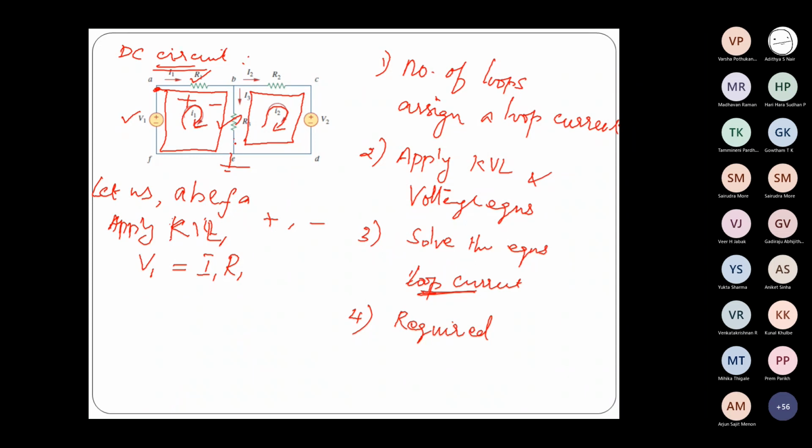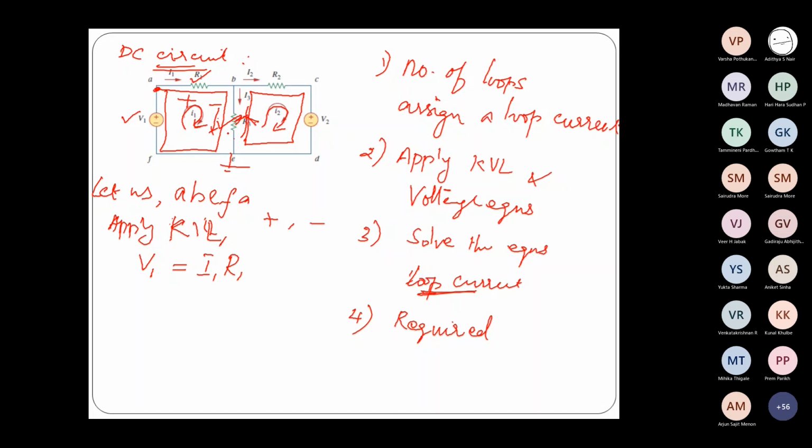What will be the effective current? I1 is flowing in this direction, whereas I2 is flowing in the opposite direction. So the current flowing through R3 is going to be the difference between these two currents. It's obvious, since it's a common element between loop 1 and loop 2.